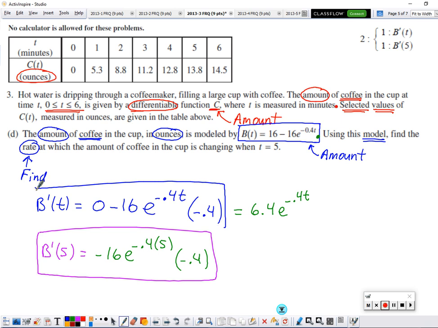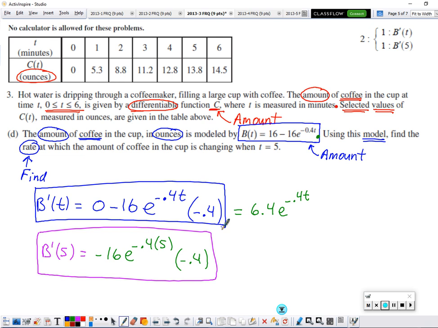Blue box is 1 point, purple box is 1 point. Because they don't have a calculator, they're not expecting the rate. Even if you had it calculated, the rules of the test say you don't have to go further.